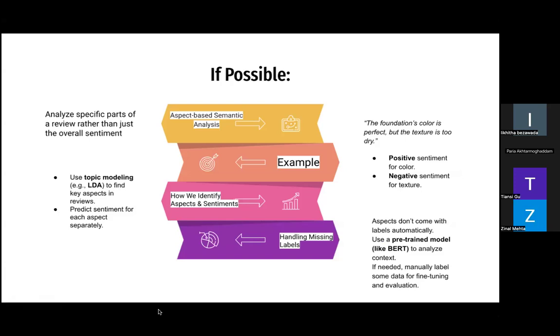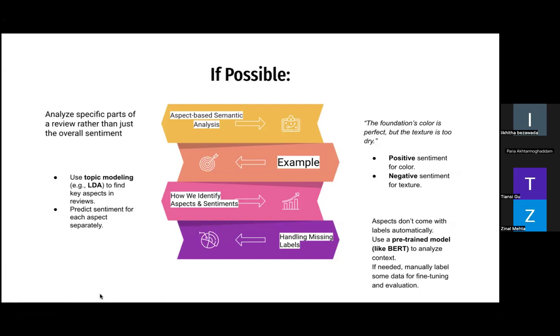So if possible, we want to analyze specific parts of a review rather than just the overall sentiment. For example, if someone reviews a foundation and says the color is perfect but the texture is too dry, we need to recognize that the color gets positive feedback while the texture gets negative feedback. To do this, we first identify key aspects in each review using a technique called topic modeling, like LDA.